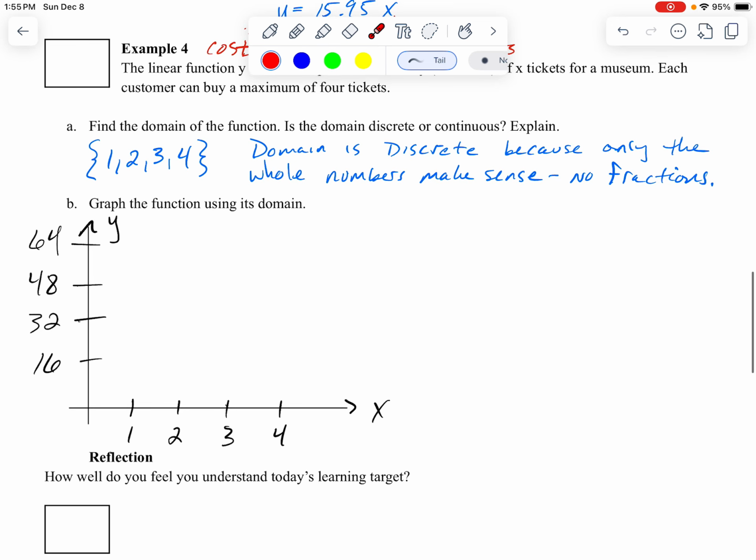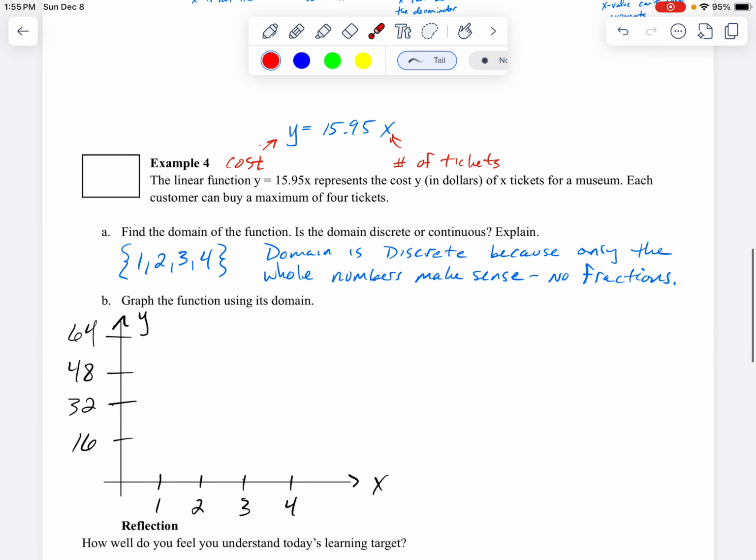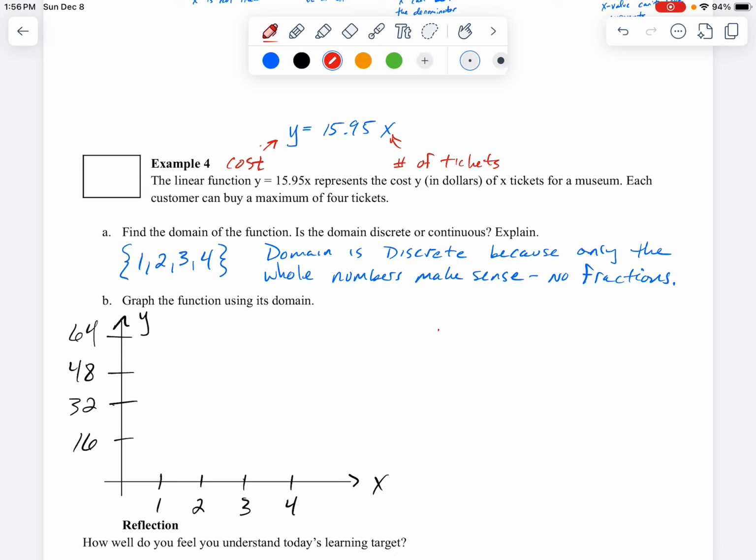When we graph this, we're just going to plug in a value for the domain. So we're going to say, when x is 1, what is the value of y? So again, our equation is y equals 15.95x.